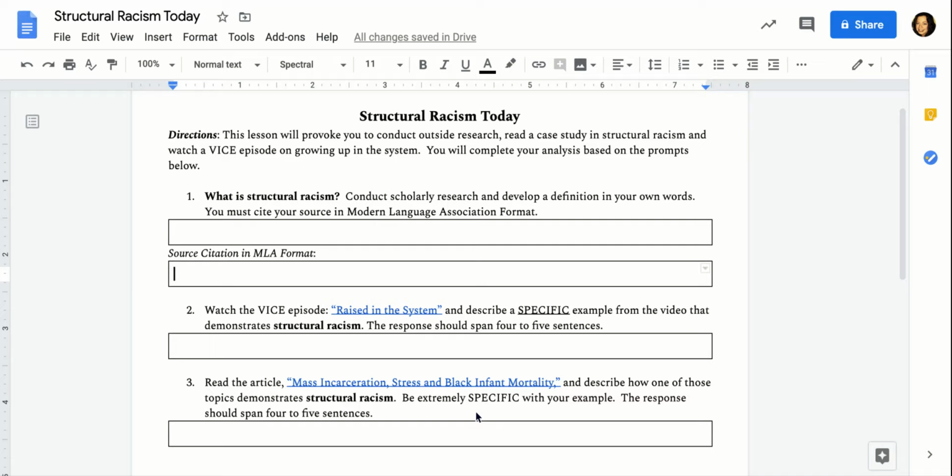And how does mass incarceration or stress or Black infant mortality, you're going to choose one of those topics from the article, demonstrate structural racism? Again, I want you to be very specific with your example. This should be 4 to 5 sentences, again showing that you understand what the term structural racism means, and also proving that you went through the article and have some specific examples to share.